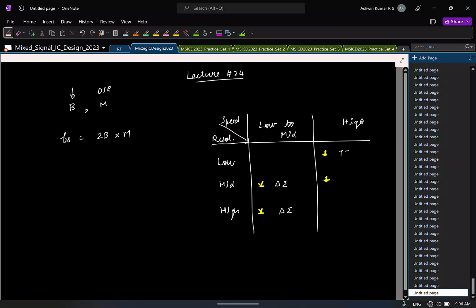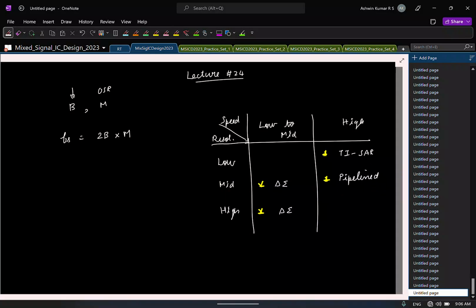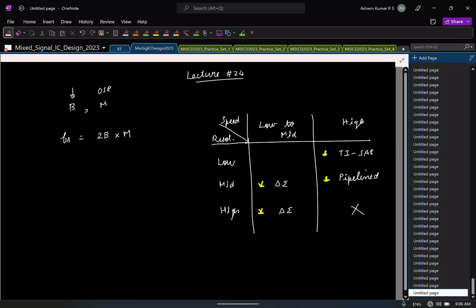There we do time interleaving with SAR, because that's the only way you can get ultra high speeds. Slightly lower, a few or few tens of gigasamples per second, you have to use pipeline. That's the only way you can get around 10 to 12 bits of resolution at high speeds. And luckily, till now, ultra high speeds and ultra high resolution together have not been required.